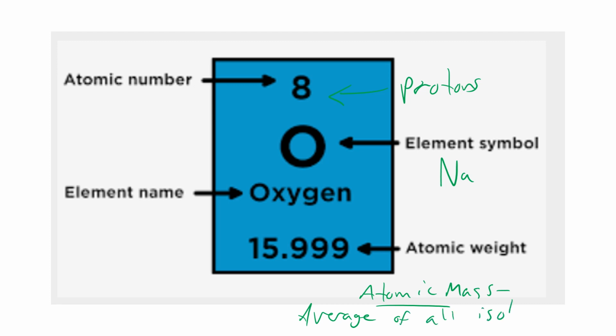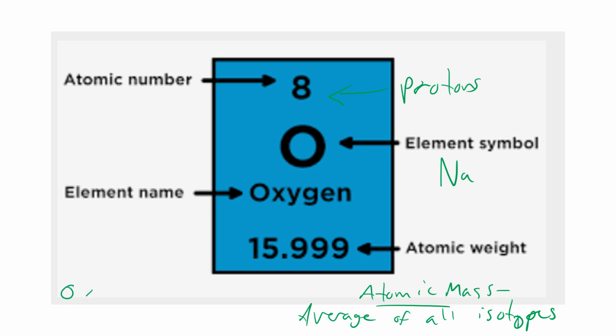Remember that isotopes are atoms that might have different amounts of neutrons. Oxygen, most of the time when you find it, is going to have 8 neutrons. It could have 7. So in that case, the mass number would be 15 or 16 or 17. It could have any number.